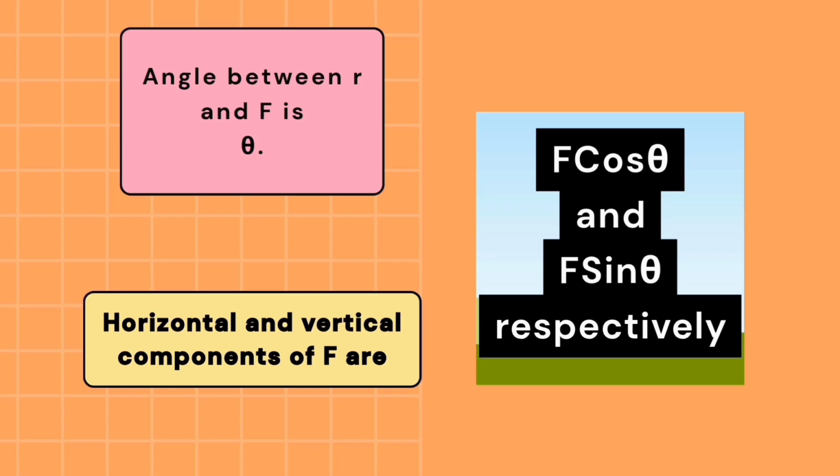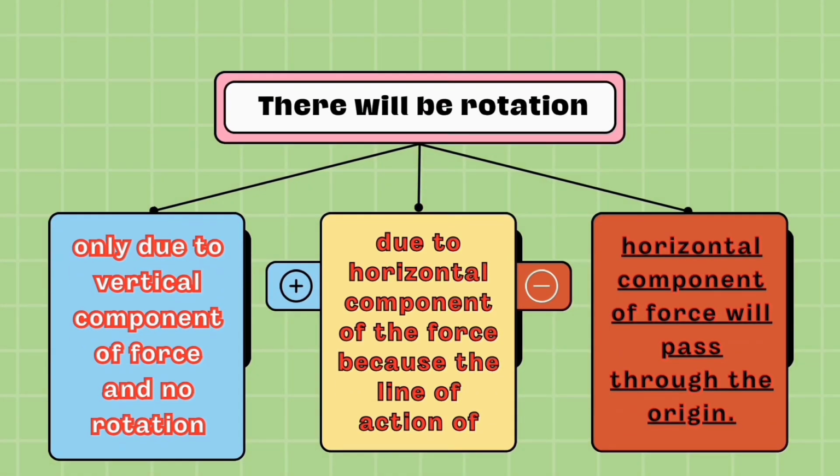Horizontal and vertical components of F are F cos theta and F sin theta, respectively. There will be rotation only due to vertical component of force, and no rotation due to horizontal component of the force, because the line of action of horizontal component of force will pass through the origin.